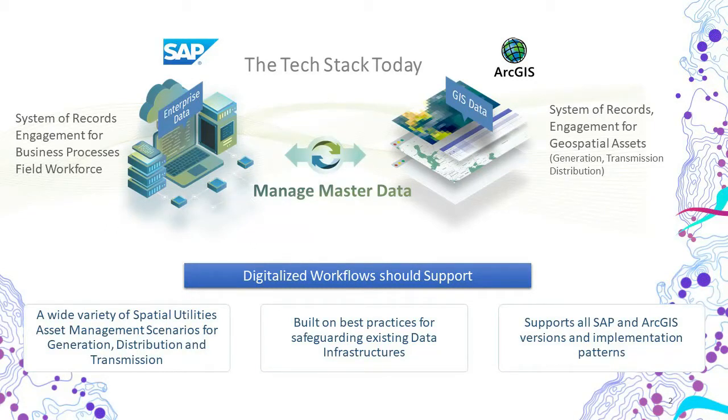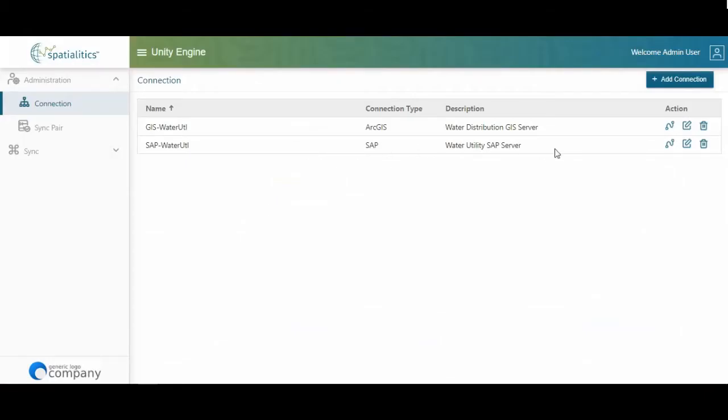With that, I just wanted to touch upon a few key points here. The first one is that we are going to talk about Unity Engine. For Unity Engine, I'm going to first share my screen with you for the administration console that we have to offer.